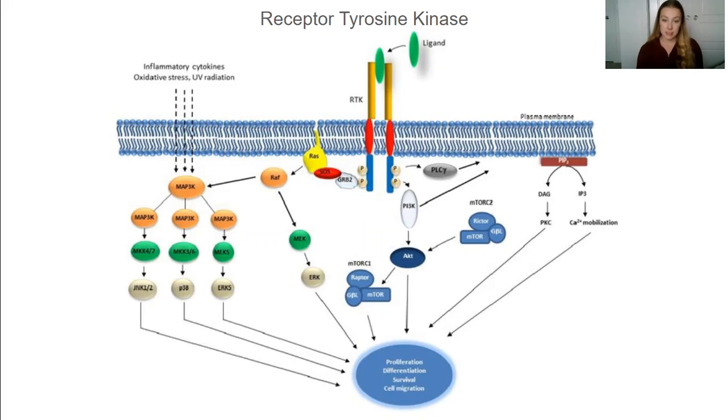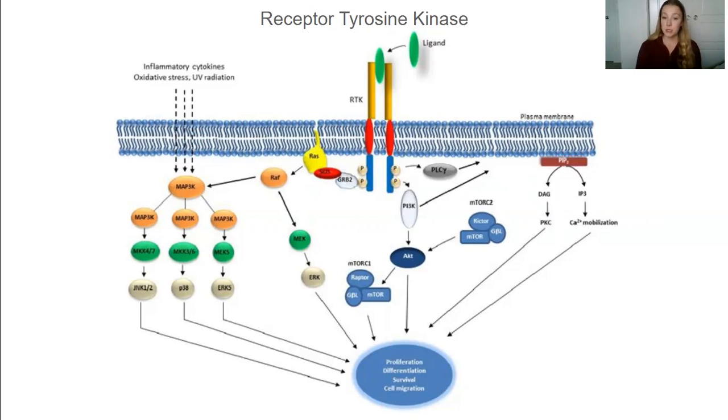Cellular processes such as apoptosis, differentiation, proliferation, and metabolism are just some of the functions that tyrosine kinases are involved with regulating. So they are involved with many big things that happen within the cell. So let's go on to normal tyrosine kinase activation.